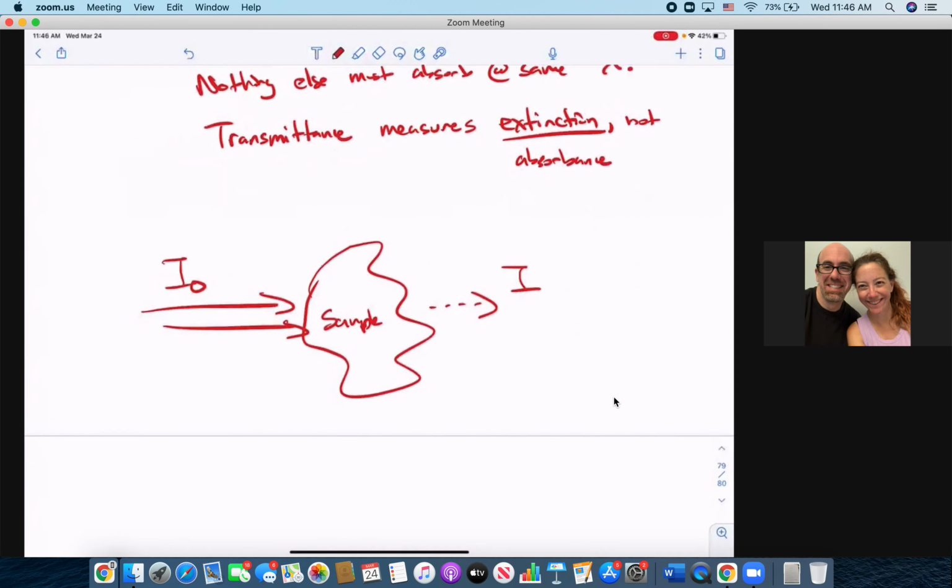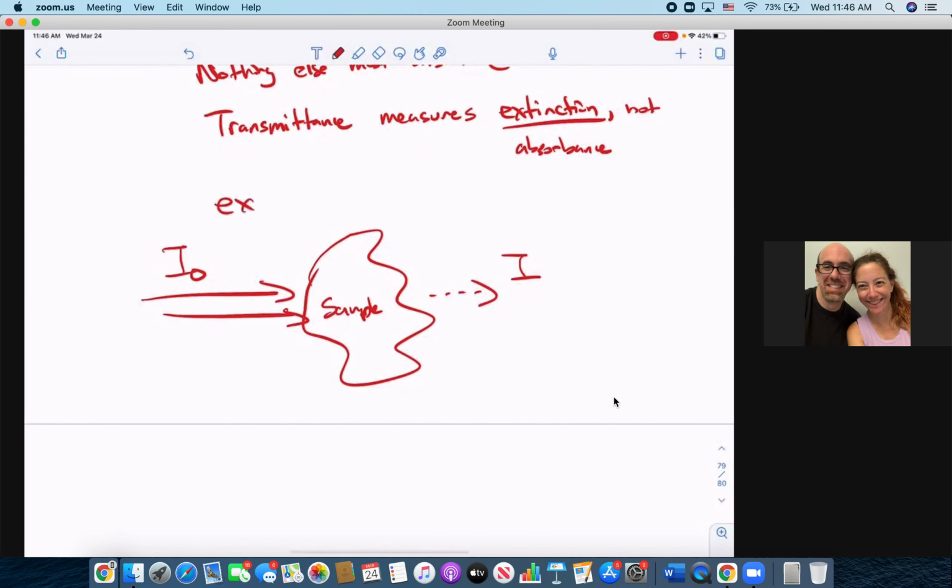So extinction literally means the reduction of light as it travels through something. You have several things going on. You have absorbance, you have reflection, and you have scattering, which is random, scattering off of particles.